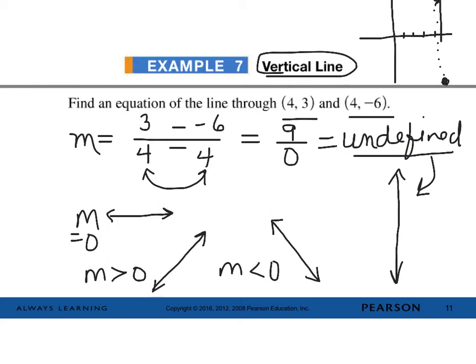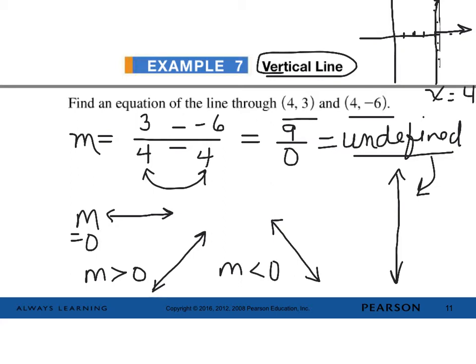When I join those up, well, it'll be nice if I actually got the line in the right place. This is harder to do than it looks on here, but I'm going to give it a shot. Then this is the line x equals 4.